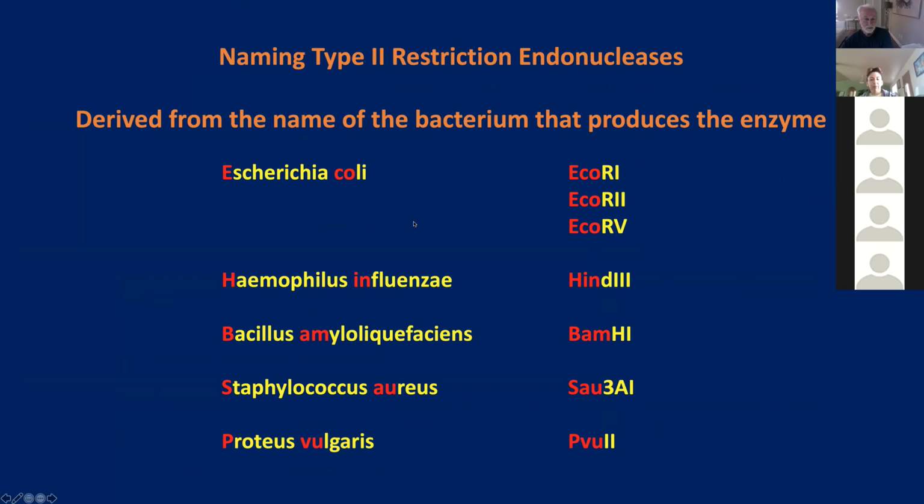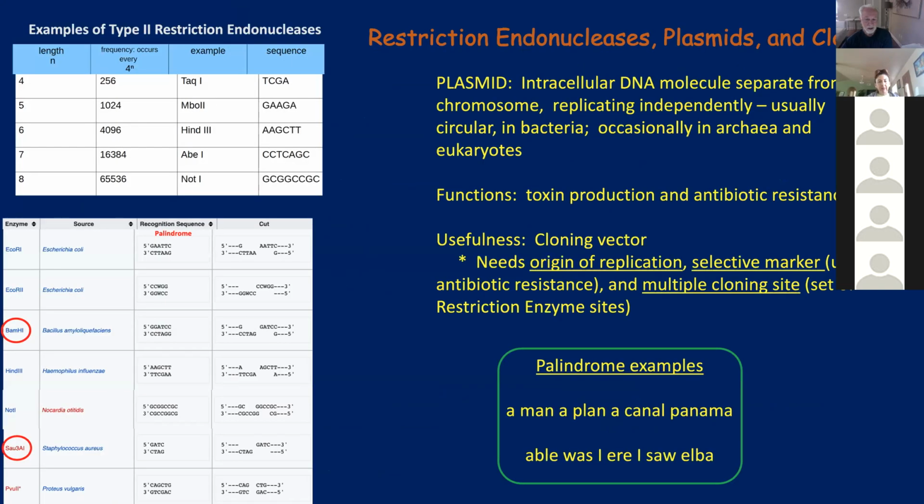I went over how type 2 restriction endonucleases are named. The names come from the abbreviated names of the bacteria that produce them. Remember that restriction enzyme sites are palindromes. That means they read the same forward and backward.